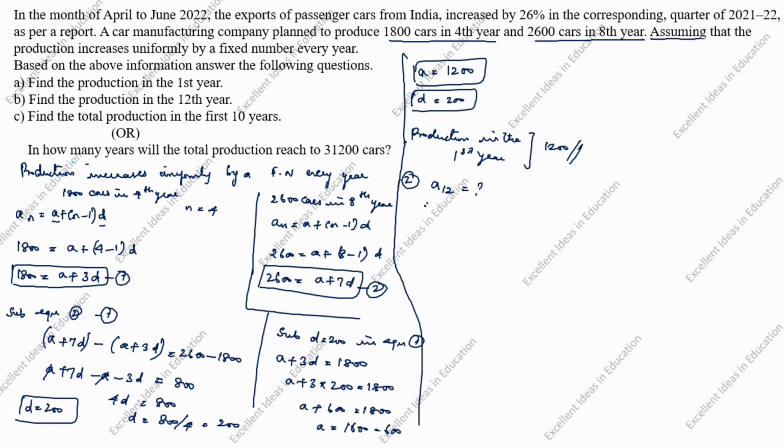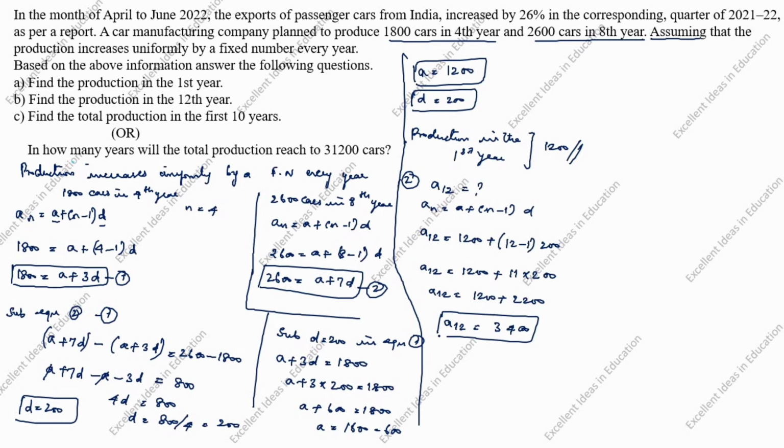We need to find it. a_n is equal to a plus (n minus 1) into d. a_12 is equal to the a value, we know 1,200, plus open the bracket n is 12 minus 1, into the d value 200. a_12 is equal to 1,200 plus 12 minus 1, which is 11, into 200. a_12 is equal to 1,200 plus 11 into 200, which is 2,200. a_12 is equal to 3,400. This is the second answer.